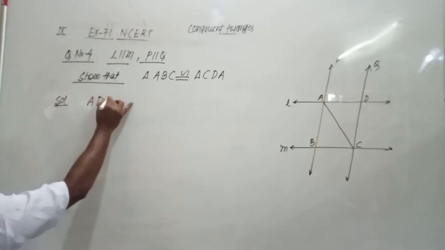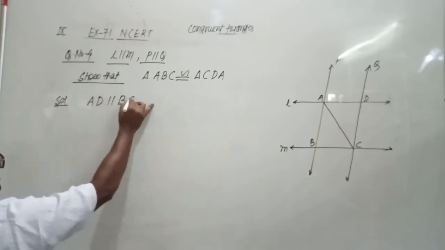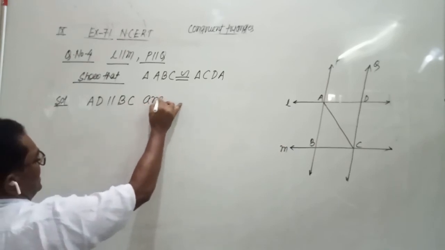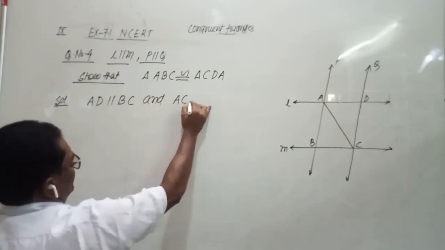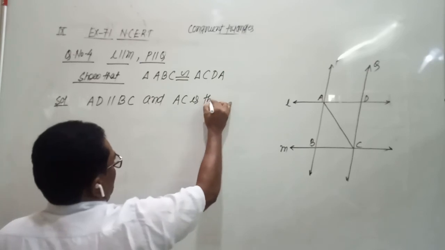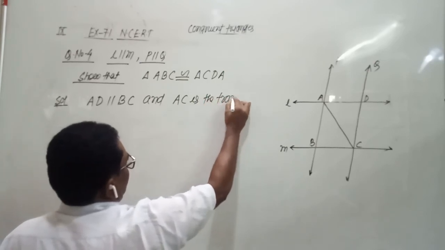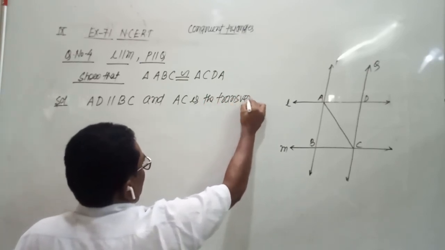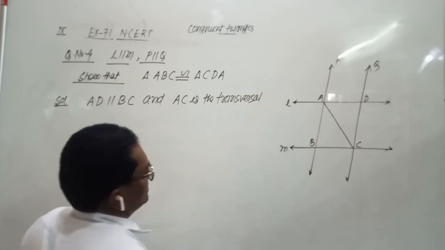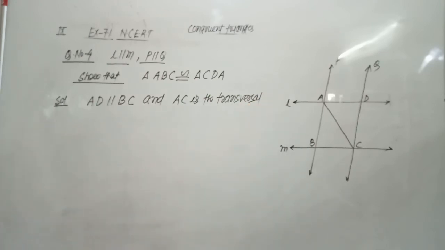AD is parallel to BC and AC is the transversal. Since L is parallel to M, and points A and D are situated on L, B and C are situated on M, AD must be parallel to BC and AC is the transversal.